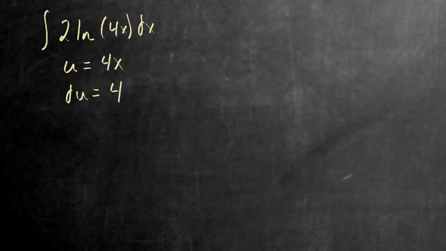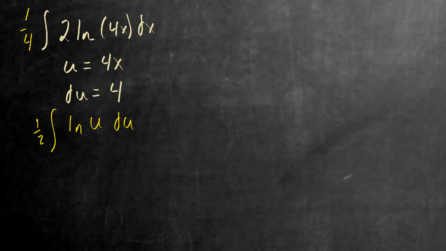So that means I'm going to need, this is a 2, I want it to be a 4, so I need a 1/2 there, because that'll be a 4 then. So 1/2 natural log, nope, caught myself. This is a 4, so I should put a 1/4 here. But I'll actually multiply it by the 2 and make it a 1/2. That's where I was going with that. Of the natural log of u du.